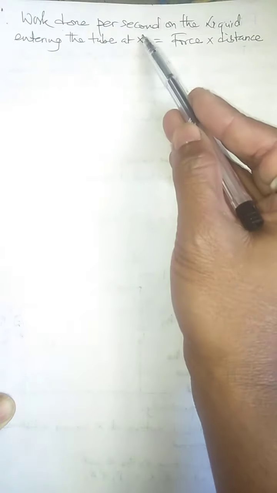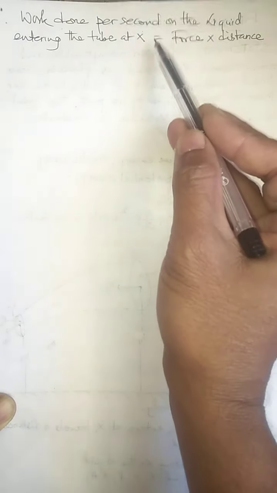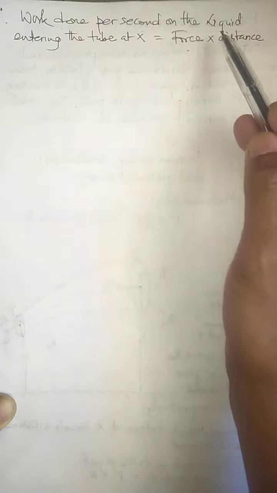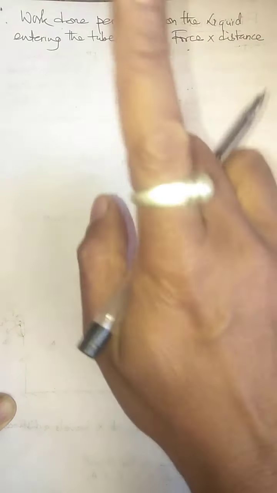Now children, we can measure the work done, because when there is a force exerted on the liquid and that liquid has a displacement or distance traveled in 1 second, definitely there is work done also. And this work done we calculate in 1 second. So the work done per second on the liquid entering the tube at X is equal to the force exerting on the liquid times the distance traveled by the liquid entering at X in 1 second.